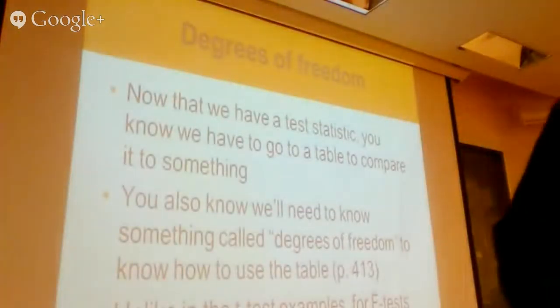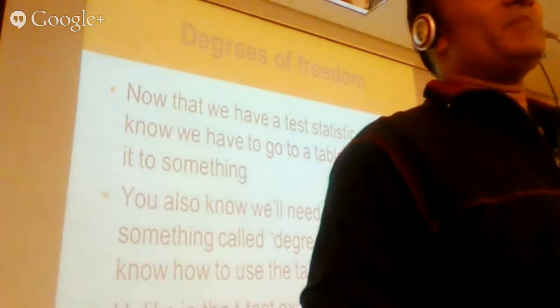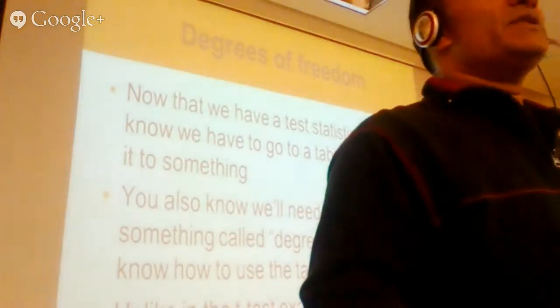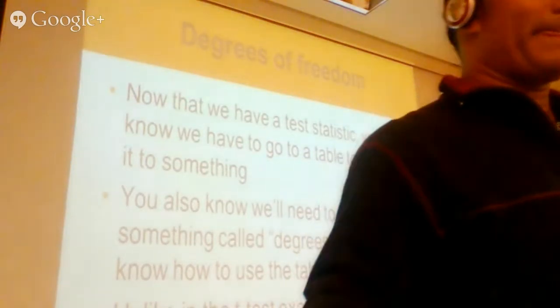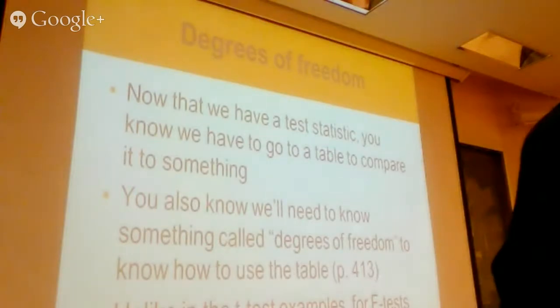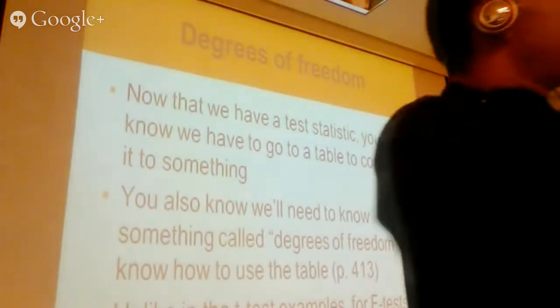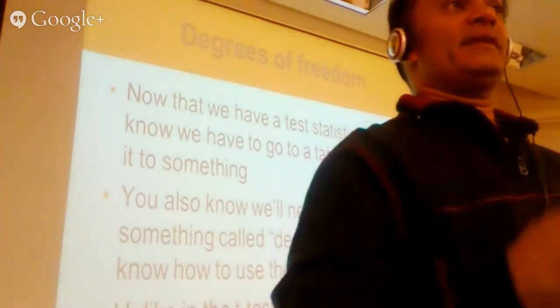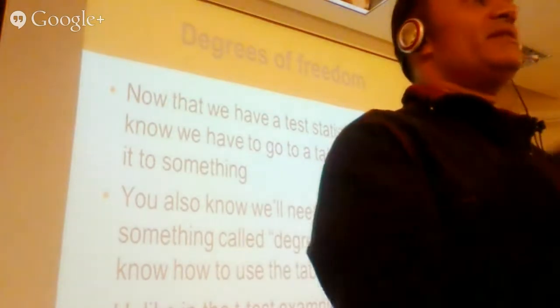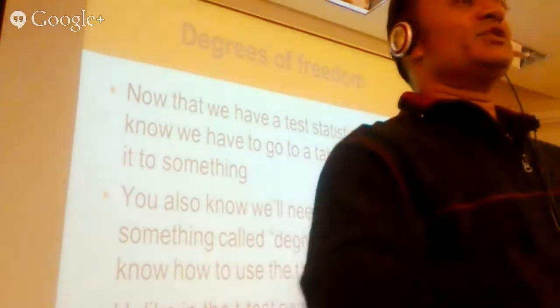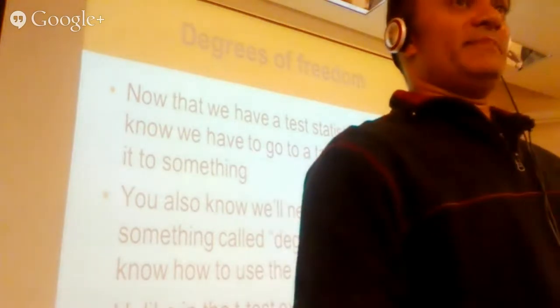Okay. We have to know about the degrees of freedom as well. Remember I mentioned degrees of freedom a couple of times? Degrees of freedom, I'll say it again, is just a way to determine the amount of play there is in our math: the number of factors that can go up and down that determine what the possible outcome might be.